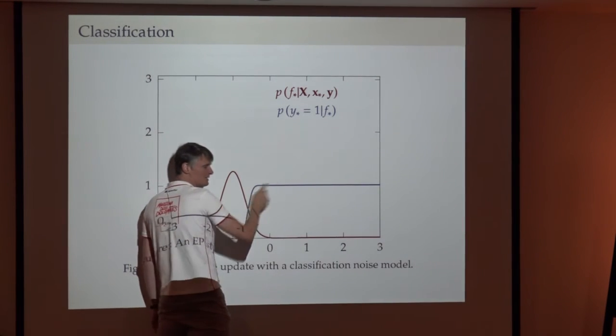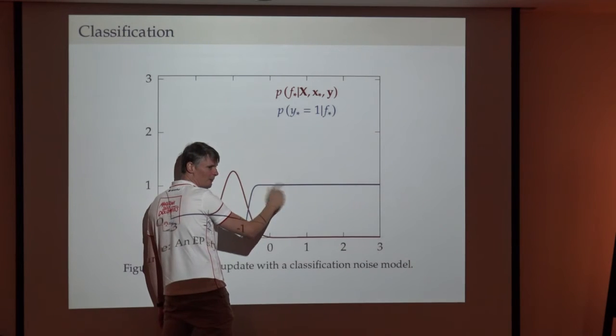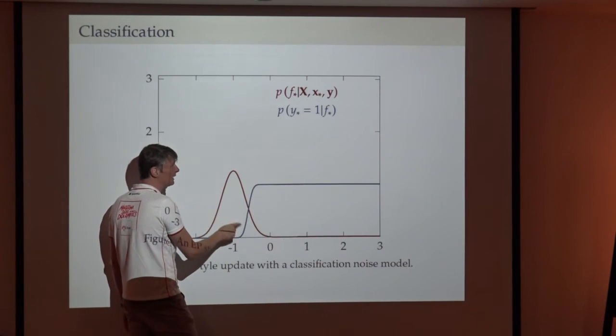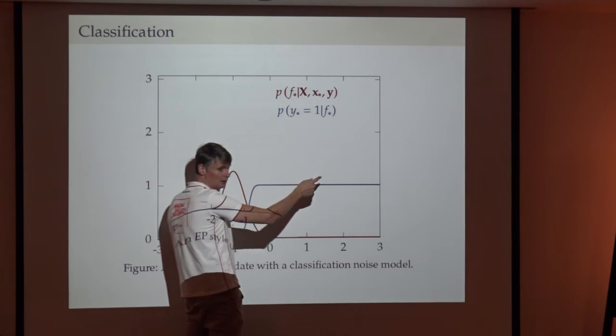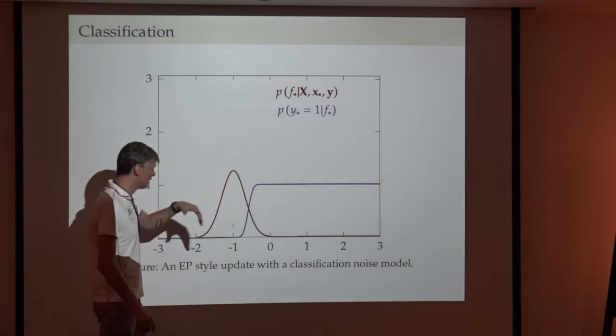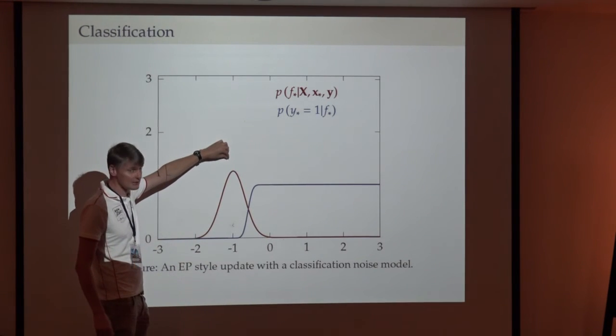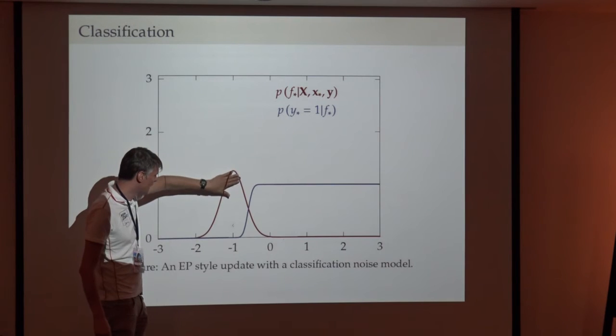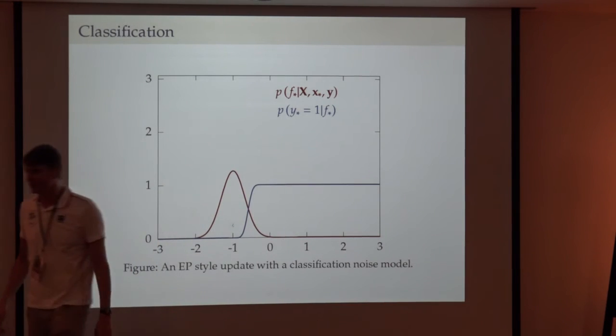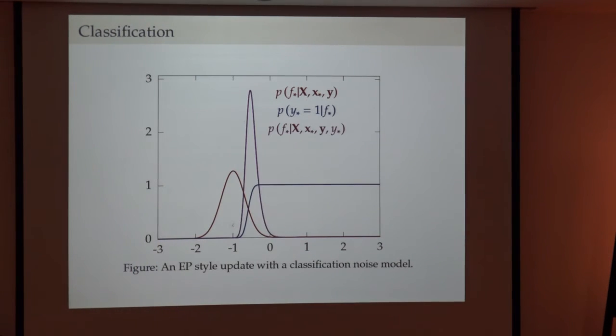So it's more obvious that this is not a distribution now, right? Before it could be a distribution. This is not a distribution in f star, it's a function of f star. And it's the squashing function, or sometimes you think of it as the inverse link function as well. So now, when we do this operation here, what we get is something that's non-Gaussian. So this is like a squashed Gaussian, a rectified Gaussian.